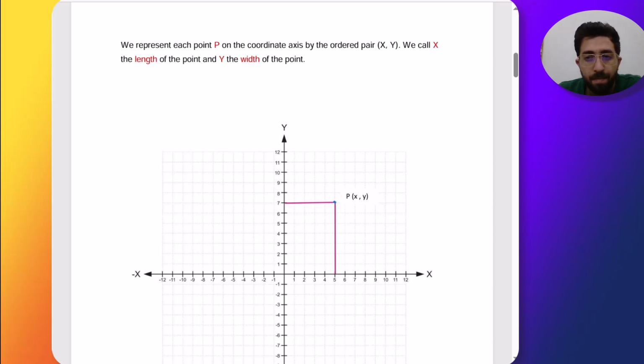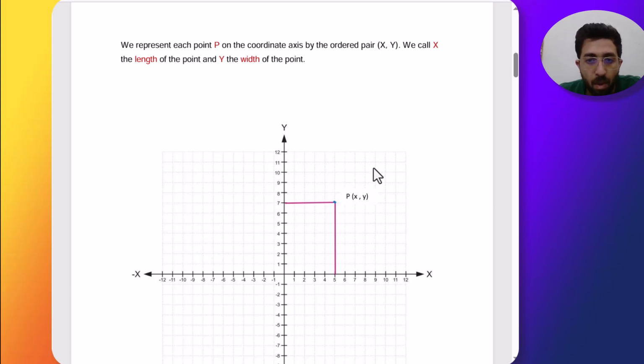Each point on the coordinate axis is written in this way: (x, y), which we call an ordered pair. Why ordered pair? Because the order of the numbers inside the parentheses is important.